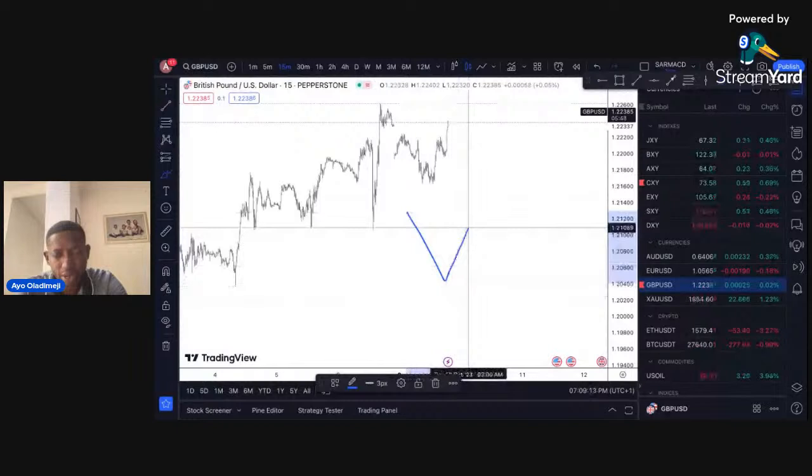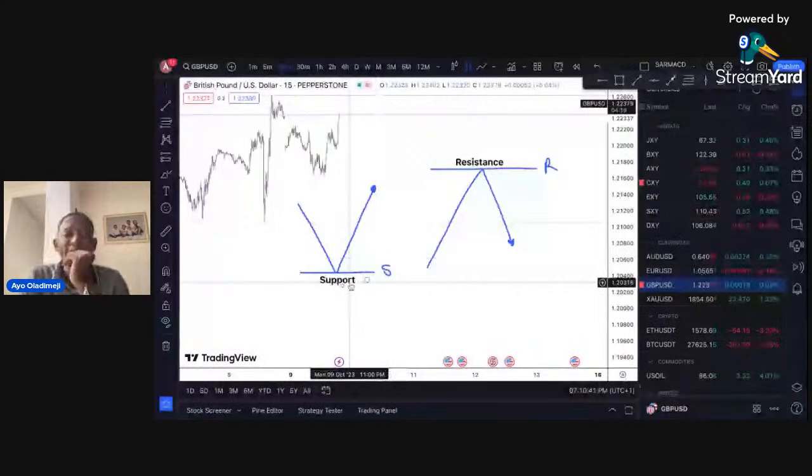Price bounces off that level and then begins to go downward, and that would be a resistance. So we have a resistance here. It is also called a roof, and this is also called the floor.